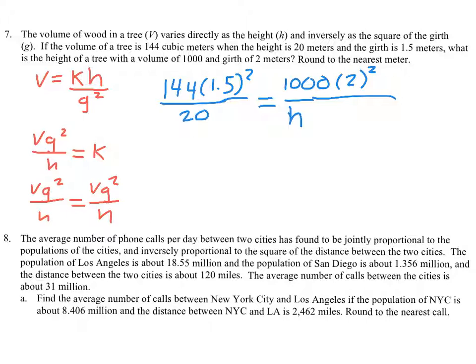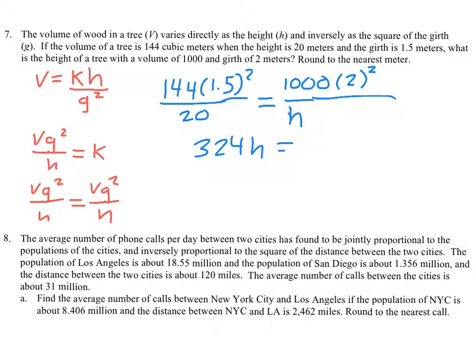So I'm going to start with the diagonal that has the variable in it. 144 times 1.5 squared, only the 1.5 gets squared, is 324. Times h equals 20 times 1,000 times 2 squared.